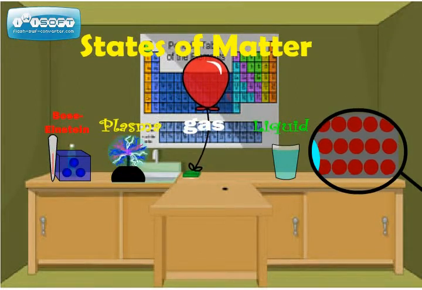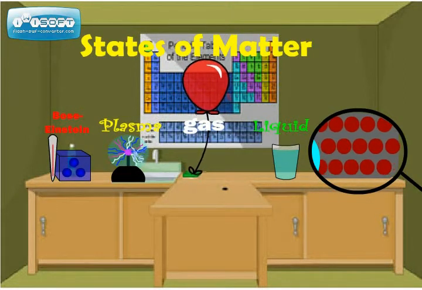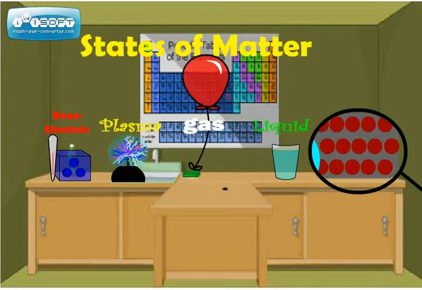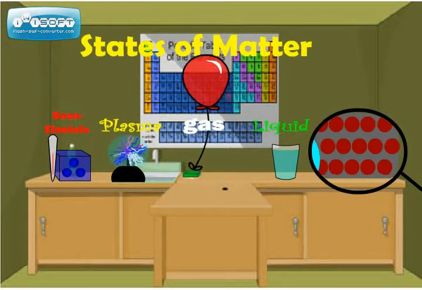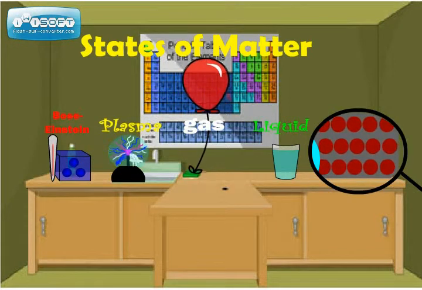In the solid state, particles can only vibrate or oscillate about fixed positions. The particles in the solid state are arranged in an orderly manner with a geometric spatial regularity, which results in the different crystal structures.